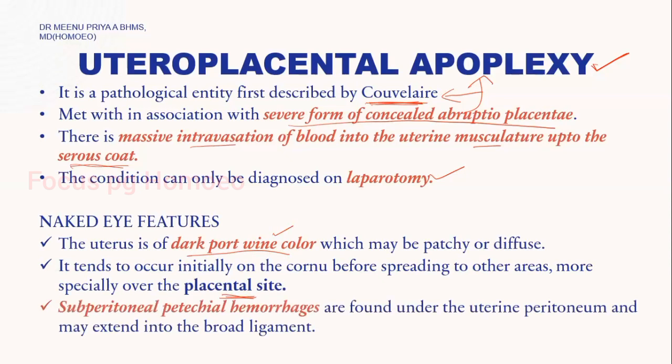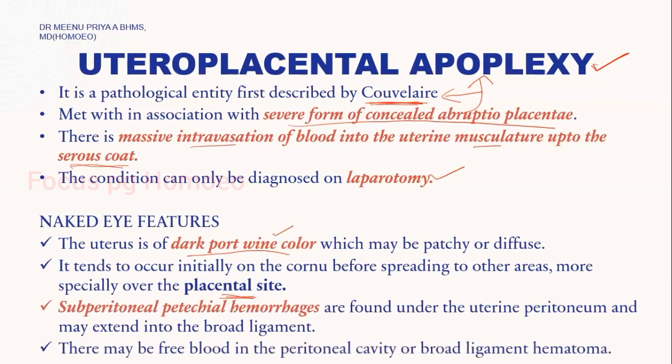Subperitoneal petechial hemorrhages are found under the uterine peritoneum and may extend into the broad ligament, and there may be free blood in the peritoneal cavity or broad ligament hematoma. So this is called Cavalier uterus.